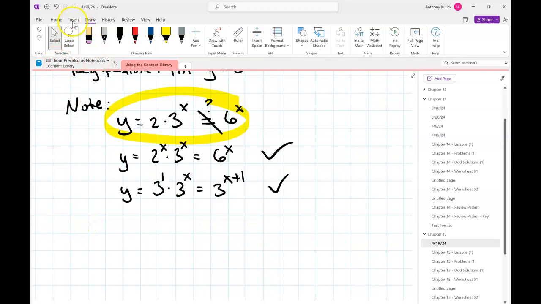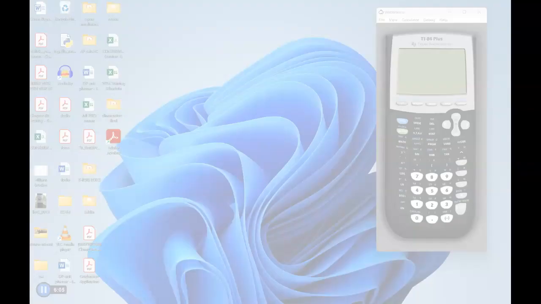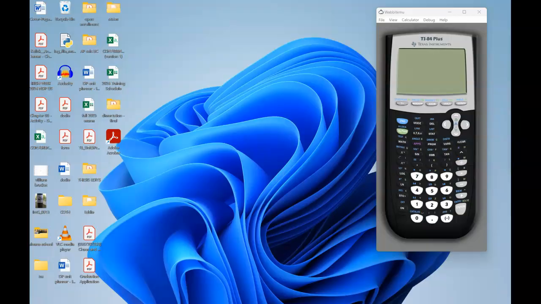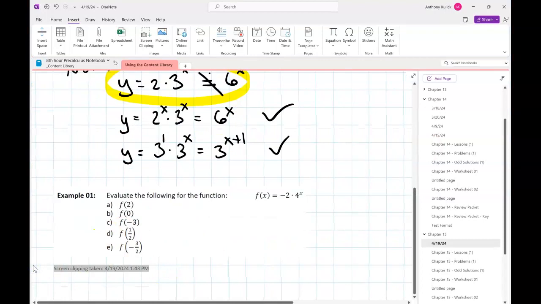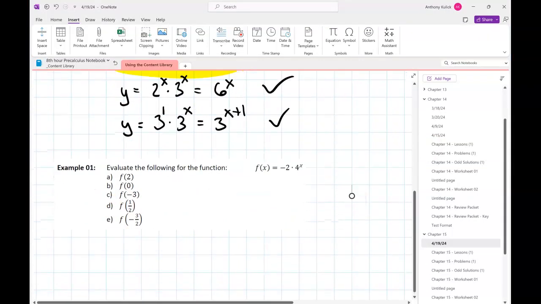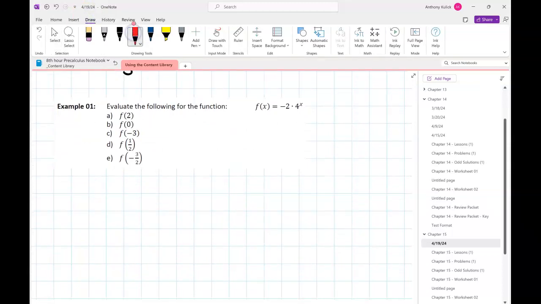All right, example here. So suppose we have just some exponential function. Say that exponential function is f of x equals -2 times 4 to the x. So if I want to do f of 2, what do I do? What is f of 2 telling me to do?